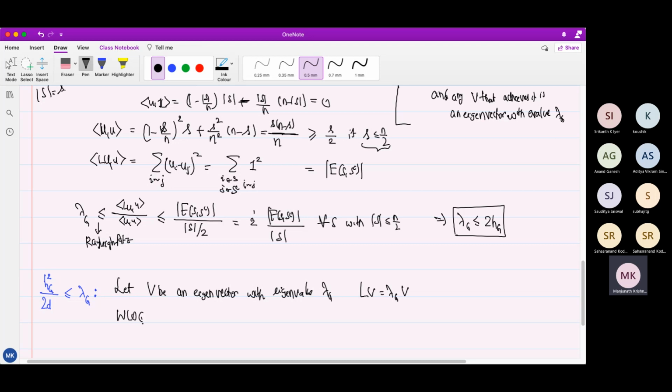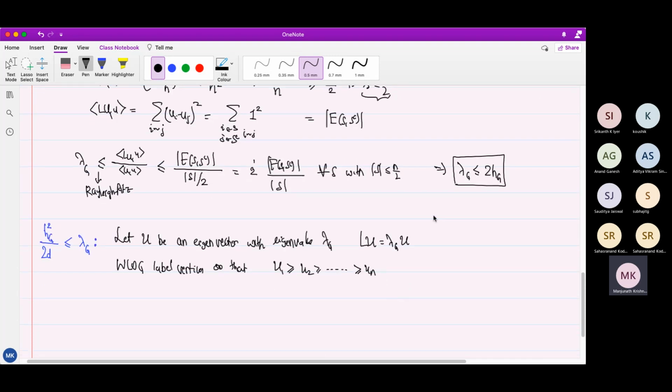Without loss of generality, label vertices. Sorry, I am using V for the vertex set and also for the vector, so let's just call the eigenvector U. Let U be the second eigenvector, so LU equals lambda G times U. Label the vertices so that U1 is greater than or equal to U2, greater than or equal to, up to UN.